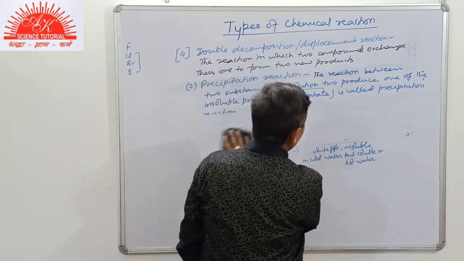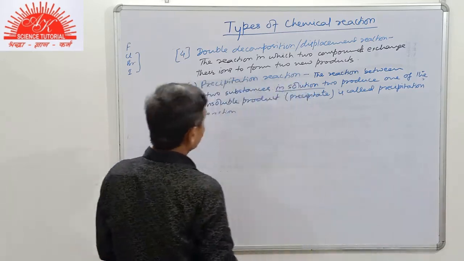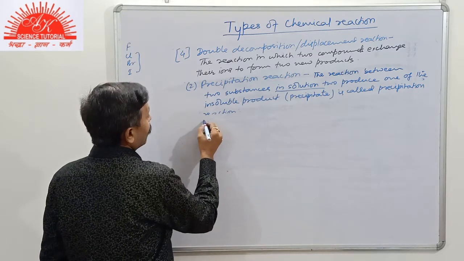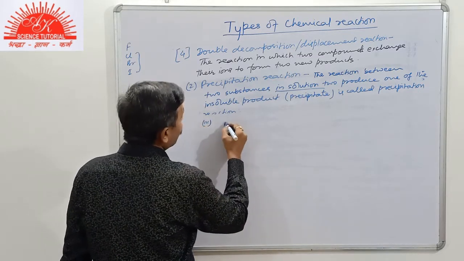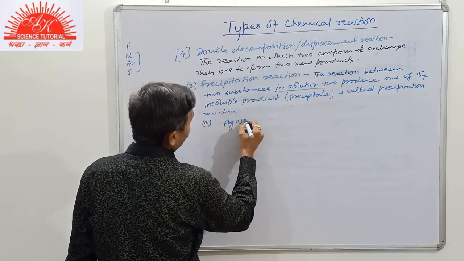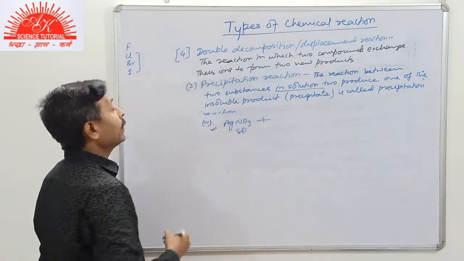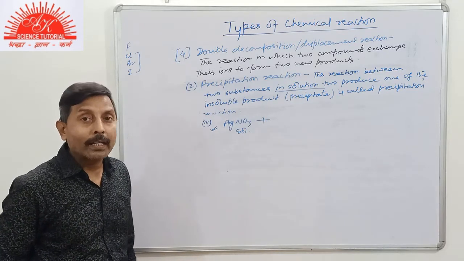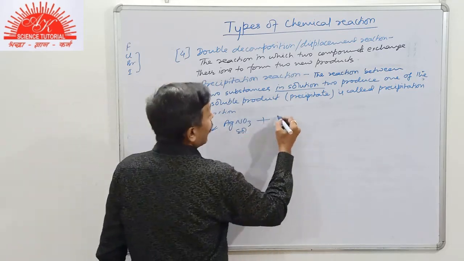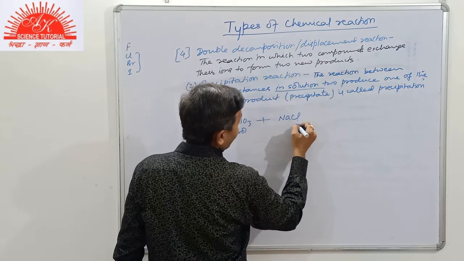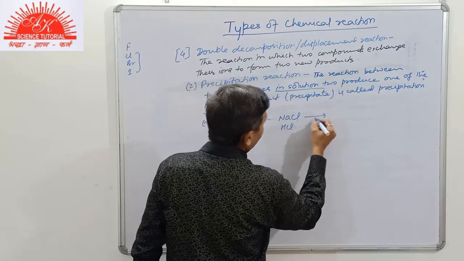Now take some more examples of precipitation reaction. Suppose we take silver nitrate solution. This reagent is used for the test of chloride ion, chloride radical, and we add NaCl or HCl acid.